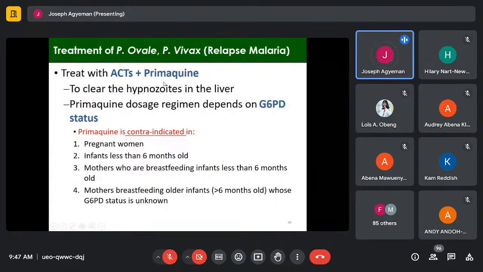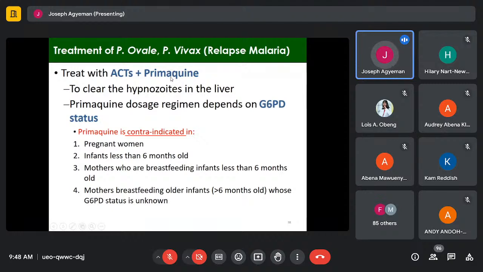Therefore, the new recommendation is that once you isolate either vivax or ovale or both, you do the artemisinin-based therapy, any of the first lines or second lines as appropriate, but you also add primaquine to it. This is to help clear the hypnozoites in the liver to prevent relapse.